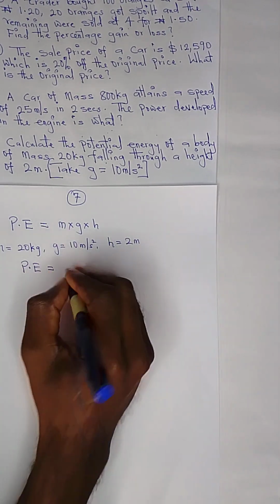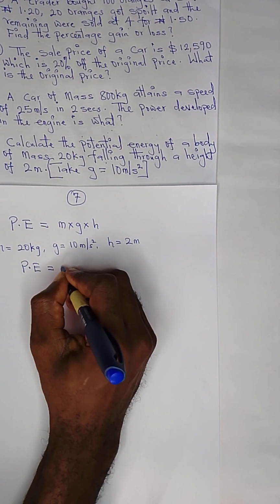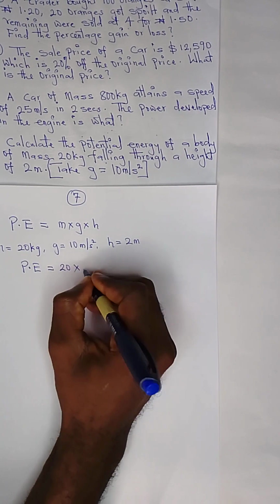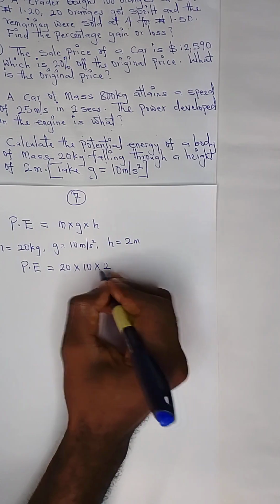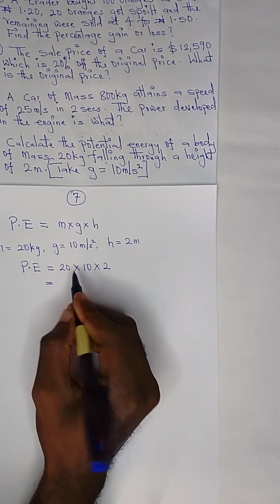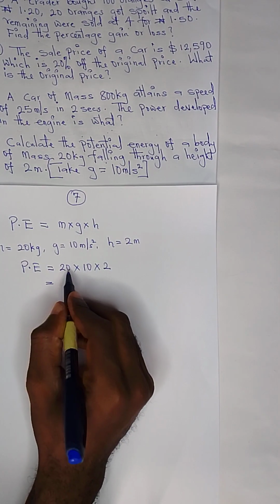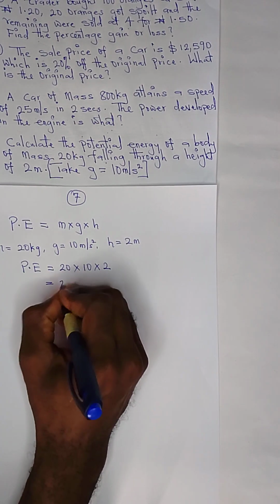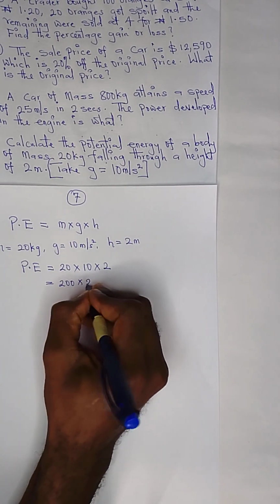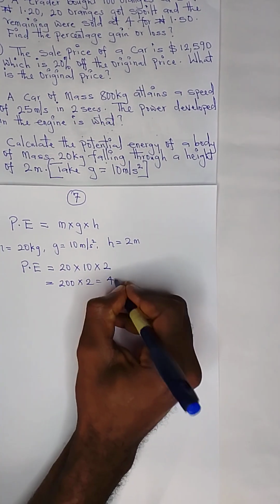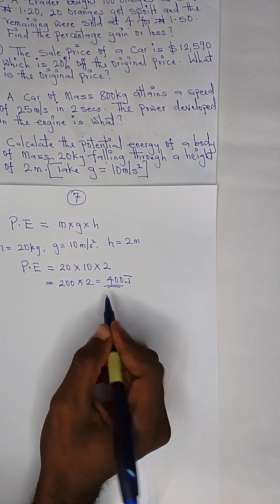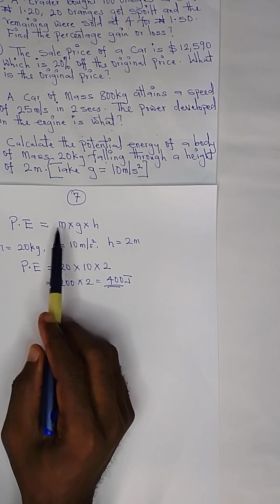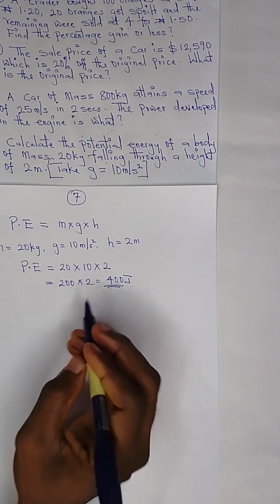Potential energy is equal to 20 times 10 times 2. 20 times 10 gives us 200, and 200 times 2 is equal to 400 joules. So this is the answer for question number 7.